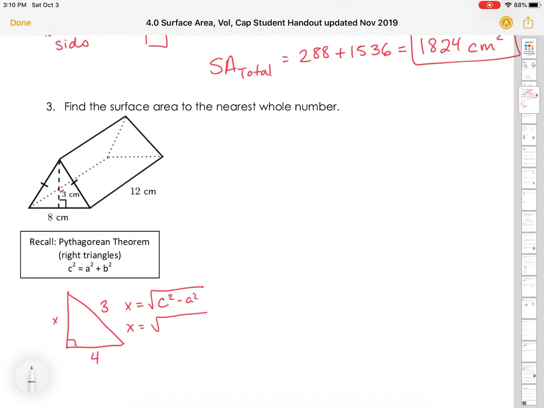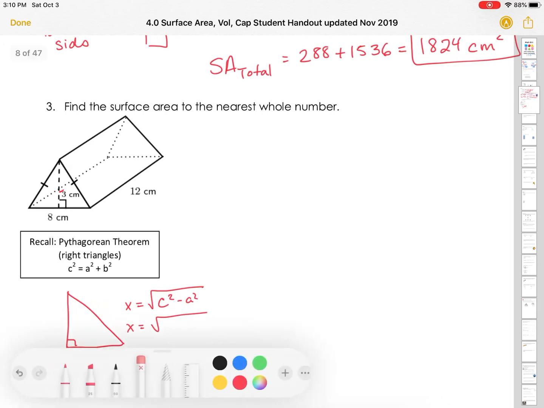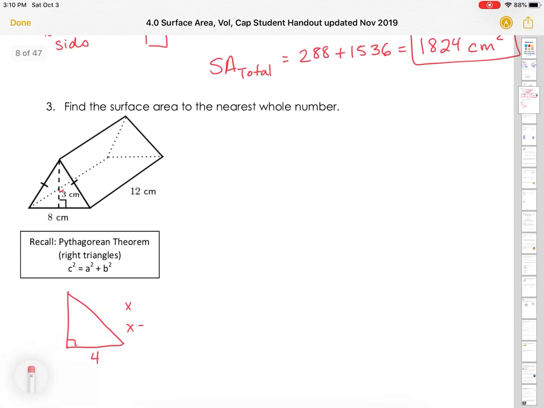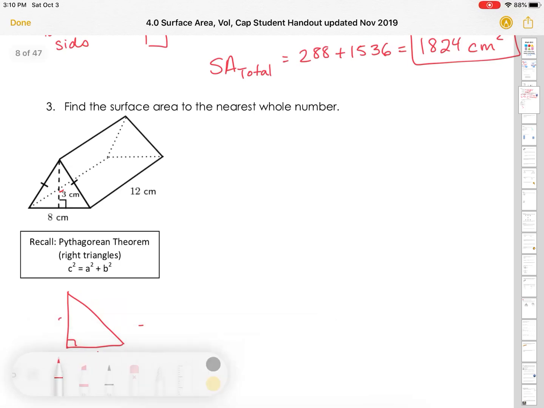I think that's actually for this. Oops. So we're finding that side. So let's delete this. Good thing I'm doing this, right? So this is 3, that's 4, and we're finding that side. So we need to find the missing side.